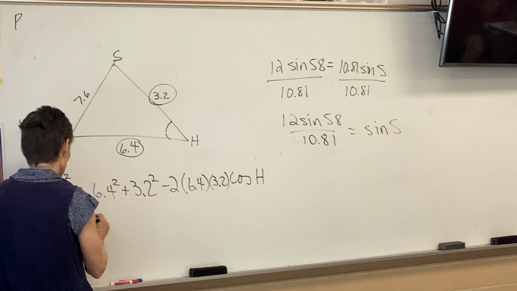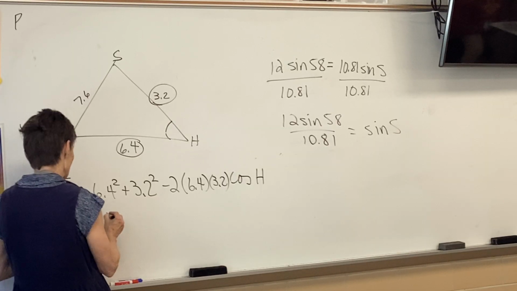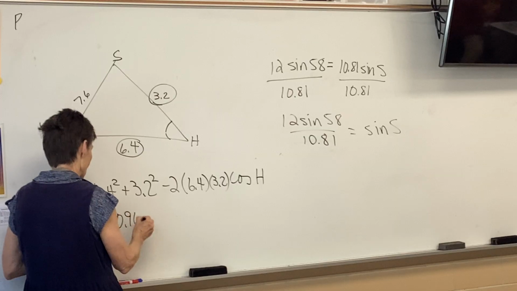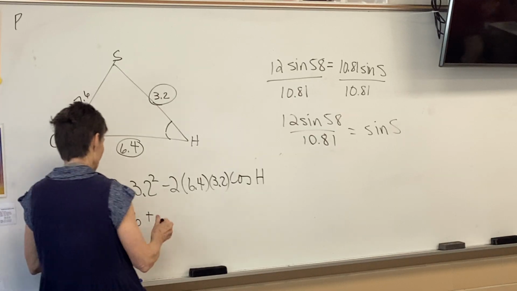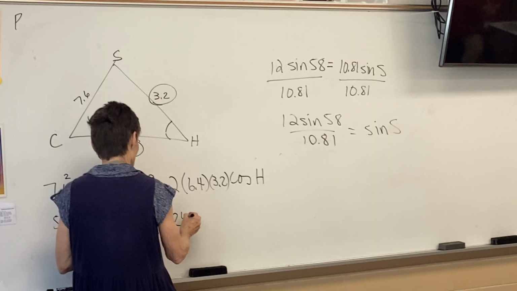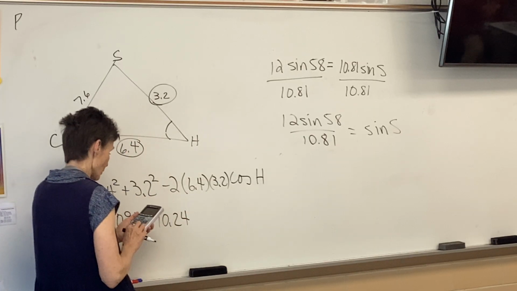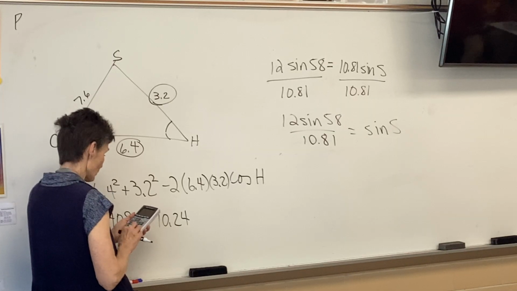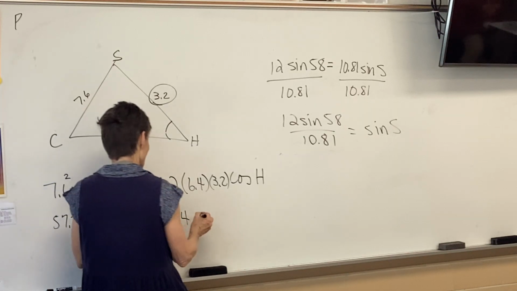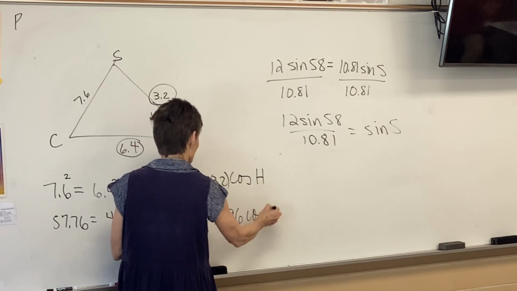And let's figure out what 6.4 squared is. And let's go ahead and multiply all this together. So 2 times 6.4 times 3.2, 40.96 cosine H.